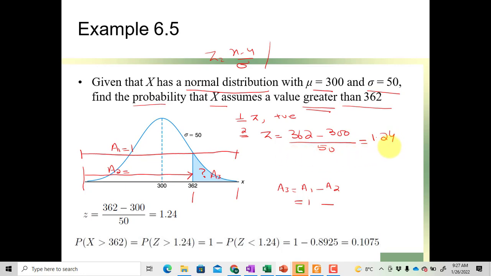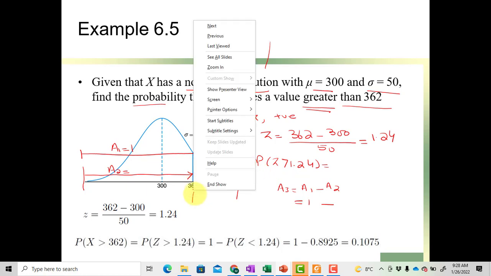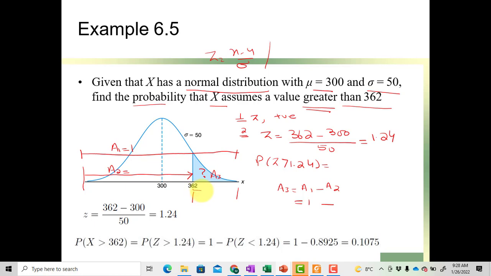Then go to the book and check the area associated with this, the probability or the area of the z value that is greater than 1.24. Why am I using this greater sign? Because we are interested in the area that is greater than 362, or the area towards the right hand side of 362, means here it is only in this region.